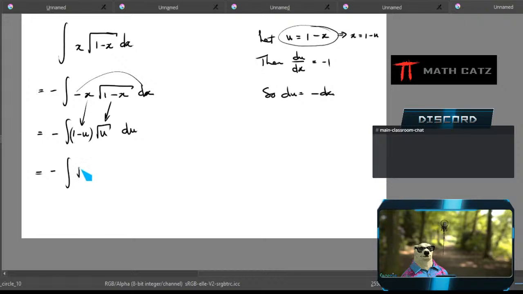Multiply the root u in. Then I'll do this for now, which is correct. But in terms of using the power rule, maybe not ideal. So go to my fraction powers. It'll be u to the 3 over 2.